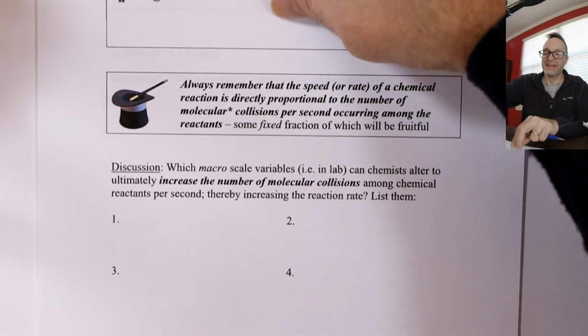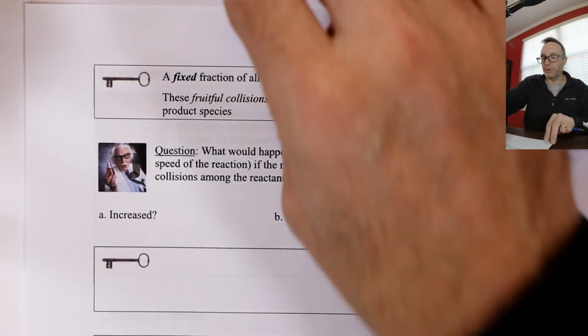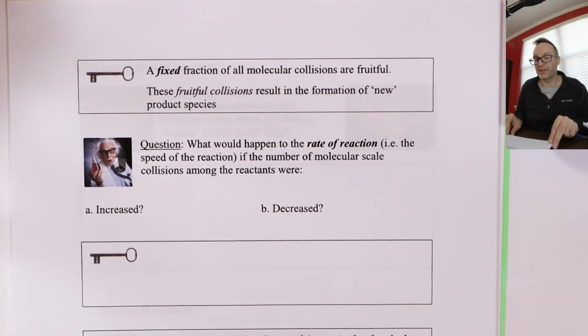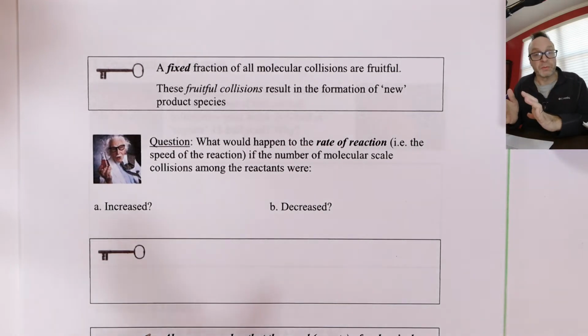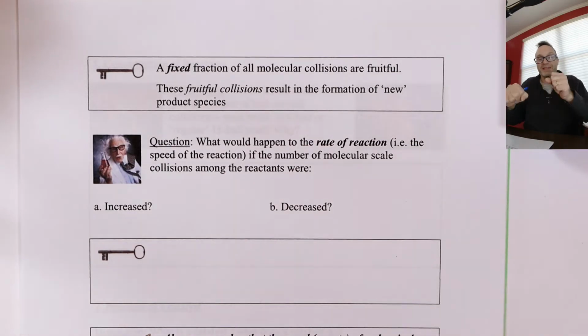Okay, so moving on. Enough of Gaza. So, interestingly, not all molecular collisions result in a stick. It's all about where the molecule gets hit, not just the energy it gets hit with. We'll get onto it later, but when they do stick, it's called a fruitful collision.